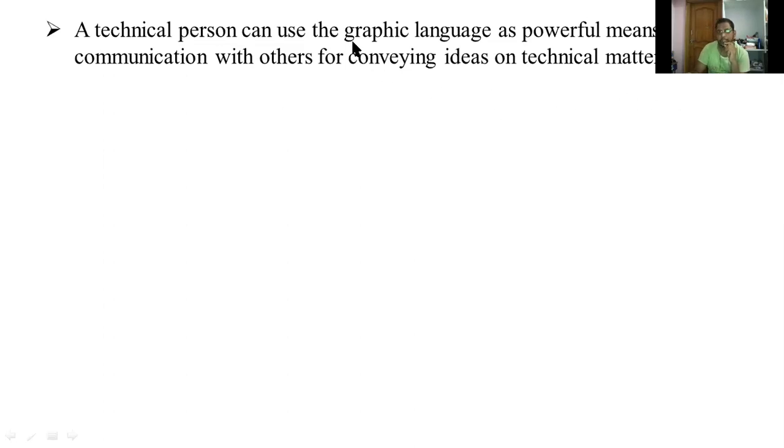Here, drawing is the example for graphic language. So a technical person can use graphic language or drawing as a powerful means of communication with others for conveying ideas on technical matters.